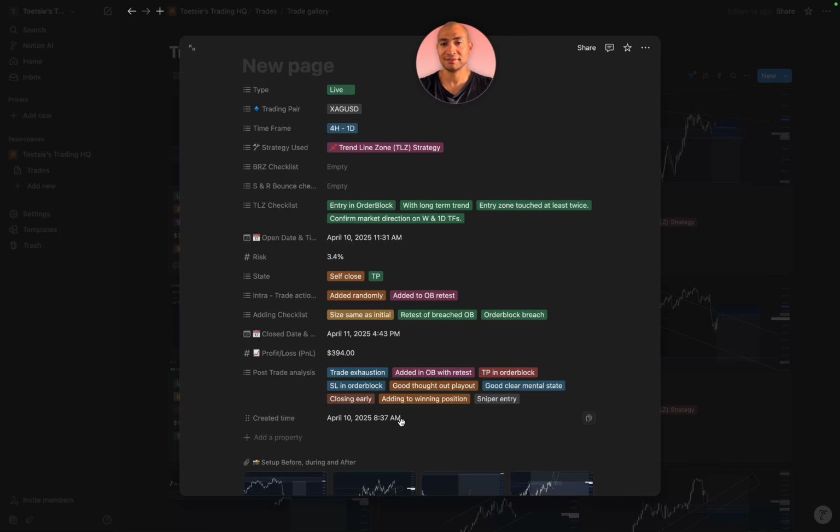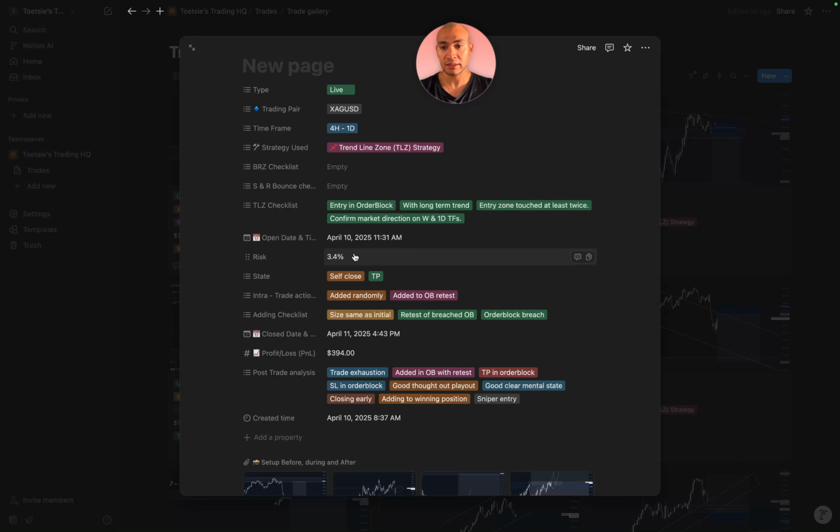My memory's not good anymore. So we created the journal entry at 8:30 on the 10th, and the trade opened on the same day at 11:30, so like 2 or 3 hours later, whatever.